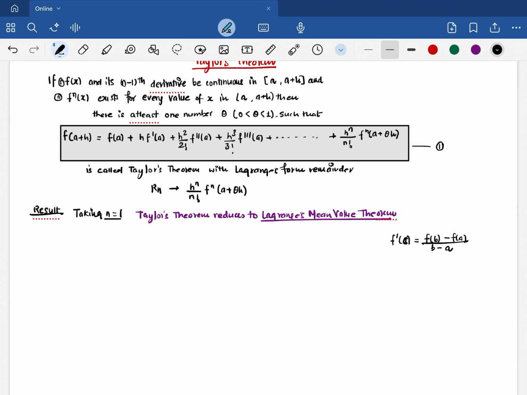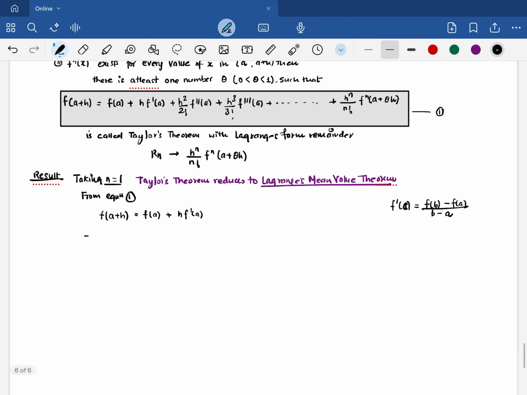Now, referring to equation 1, we are taking only the first derivative, and the first derivative is up to this term, so this is the only term possible. So let us say f of a plus h is equal to f of a plus h f dash a. Let me rewrite this for you. Can we write this as f of a plus h minus f of a divided by h equals f dash a?